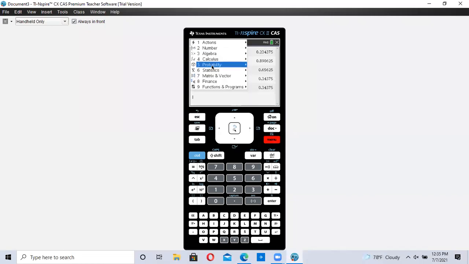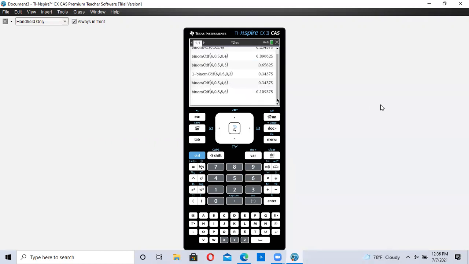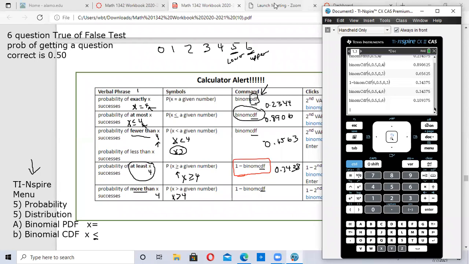Menu, number 5 probability, number 5 distribution, and we're going to go to B. 6 questions. To get a question correct is a 50% chance. The lower boundary we said was 5. The upper boundary was 6. When I hit OK, there's my answer, 0.1094.